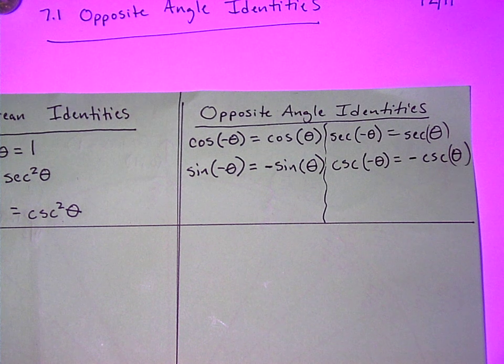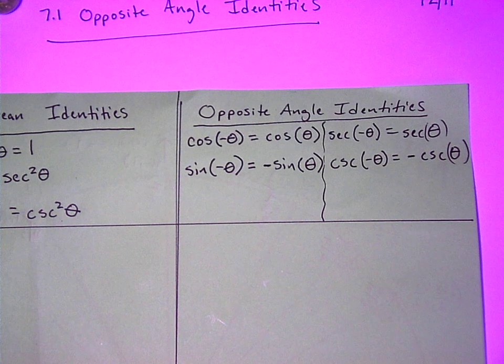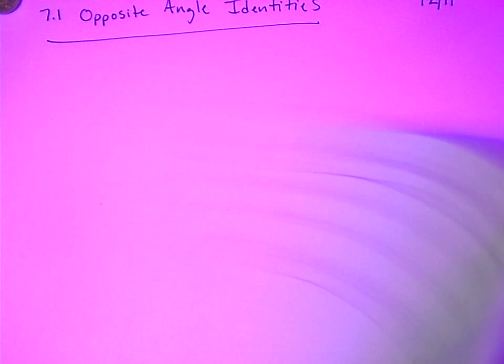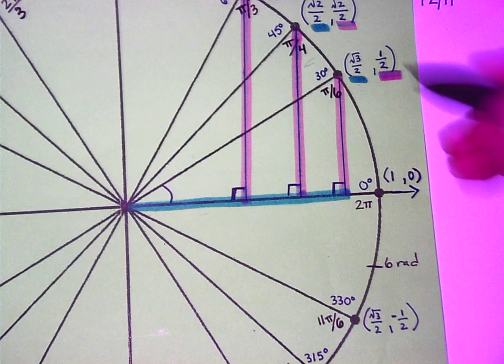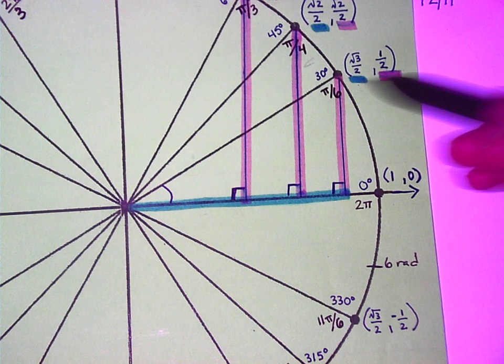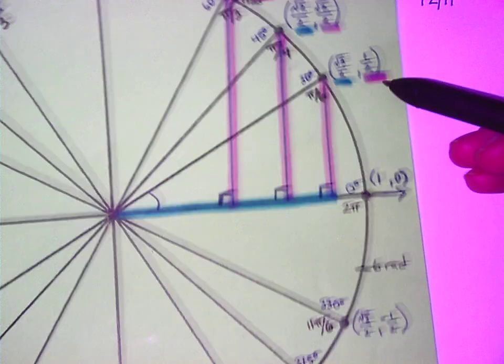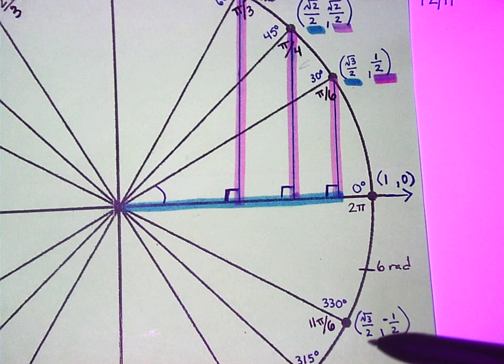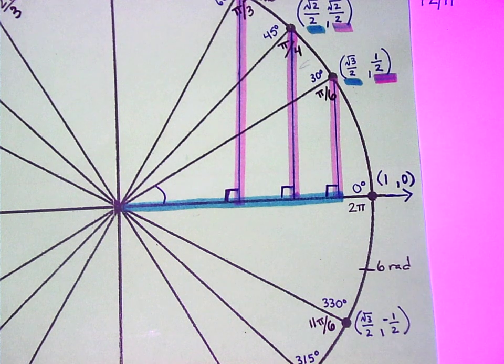Okay, now we've got tangent to think about, right? Tangent is y over x, and at 30 degrees, both y and x are positive, right? But down here, at negative 30 degrees, one of them is negative and one of them is positive. So will they be the same as each other or opposites of each other?